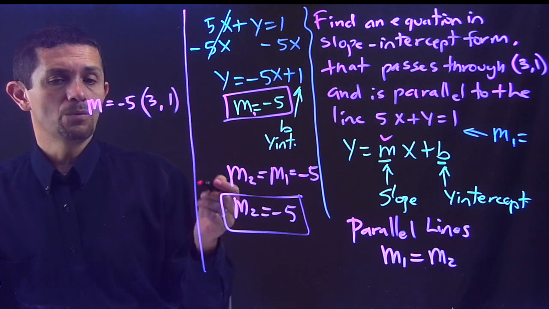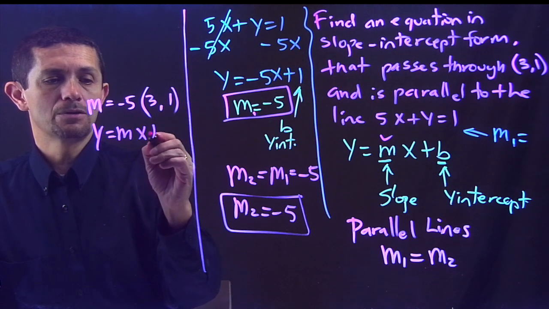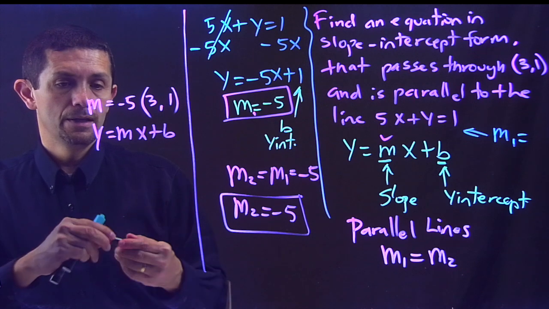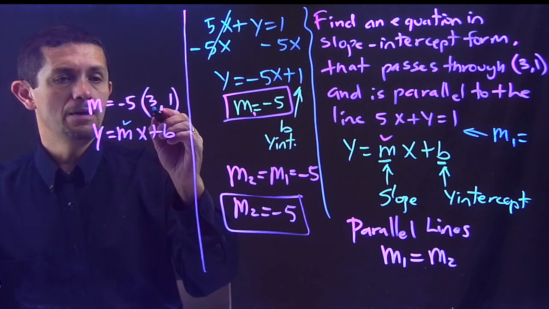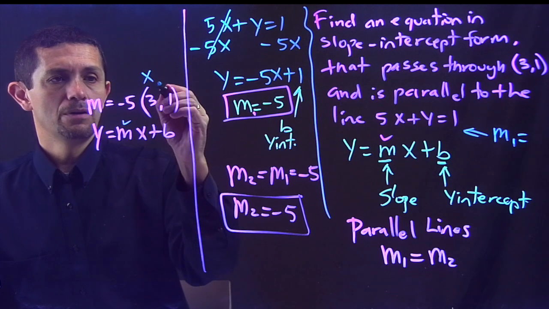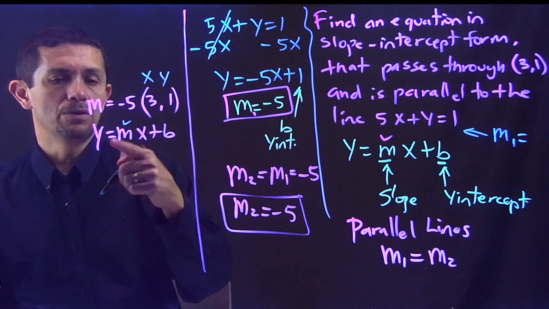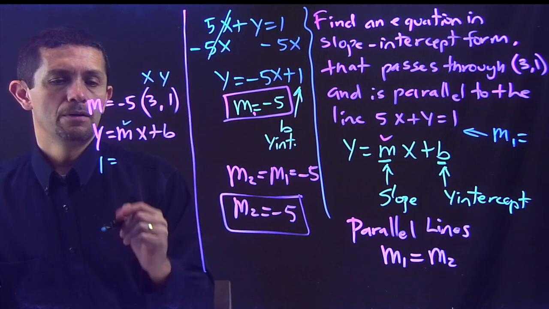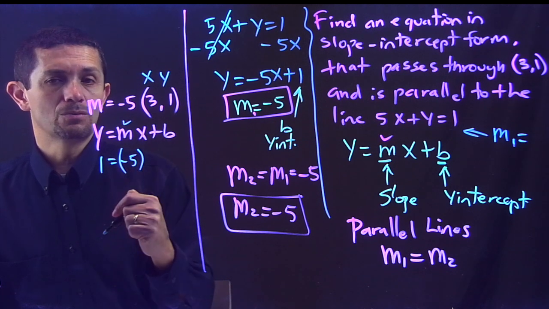My process to find the y-intercept is to write my equation, y equals mx plus b, and replace the information that I already have. In this ordered pair, the first value is x and the second value is y. I want to replace my y by 1. The slope is negative 5, and I need to understand that I'm multiplying.